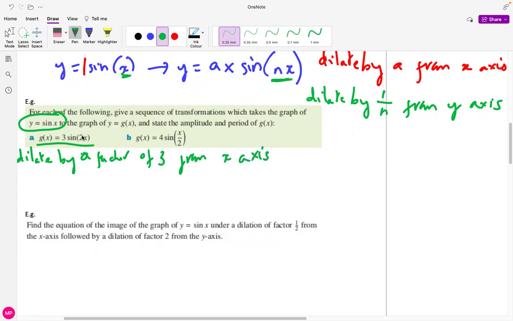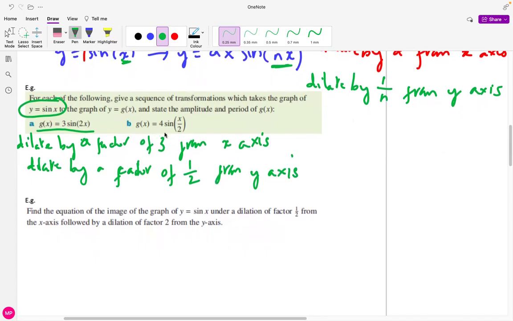And then with the 2, you always flip it over. So you say dilated by a factor of 1 over 2 from the y-axis, right? And similarly, you can do the same for B, pretty much the same thing.